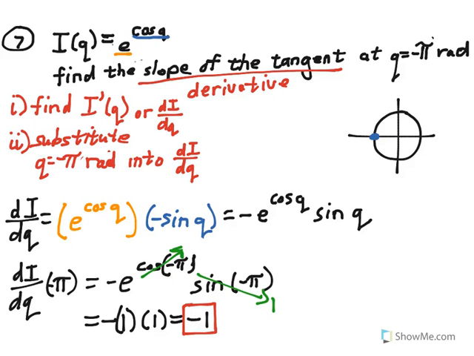So if we fix this a little bit, this becomes negative 1, and sine of negative pi is not 1, it's 0. So really, whatever all of this is, it's going to be multiplied by 0, and so really our answer should just be 0.